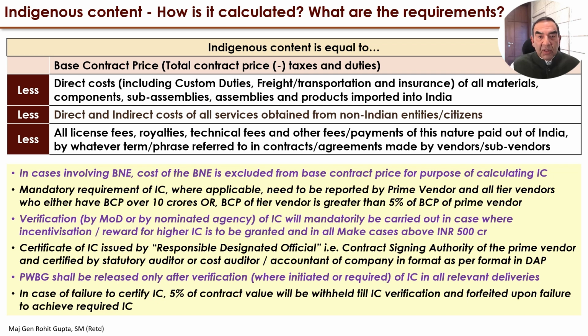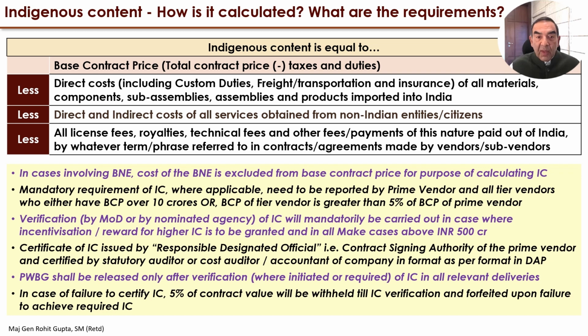Direct costs, including customs duties, freight and transportation, and insurance of all material, components, subassemblies, assemblies, and products imported into India. All this is less, as are direct and indirect costs of all services obtained from non-Indian entities or citizens. It is not included.